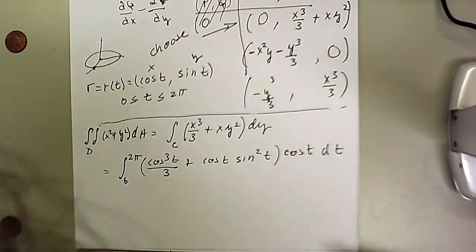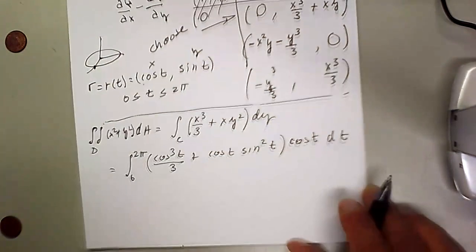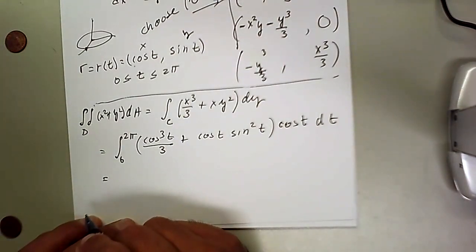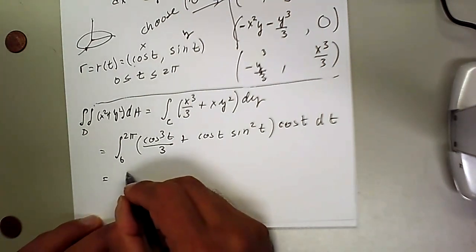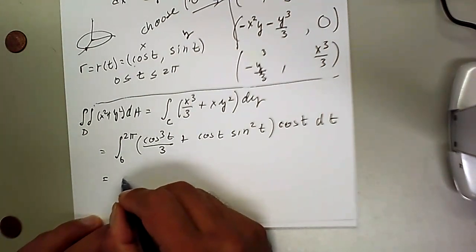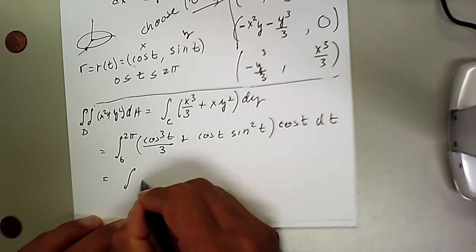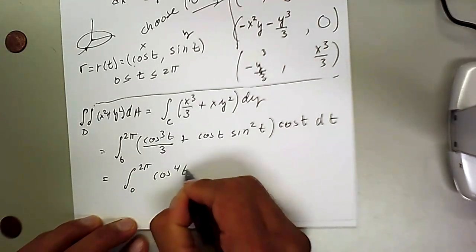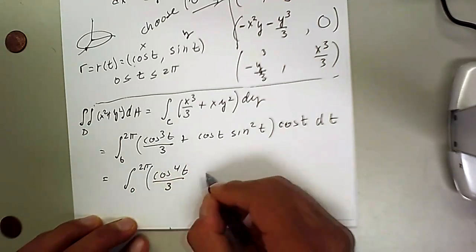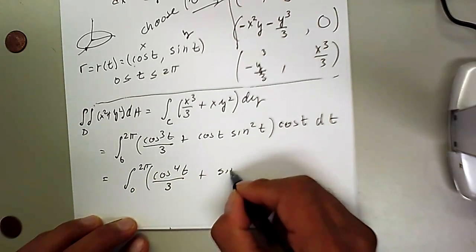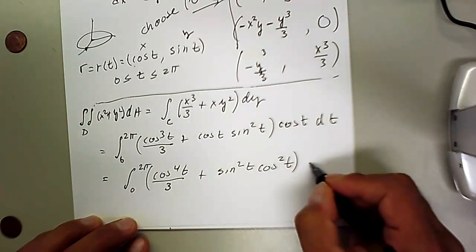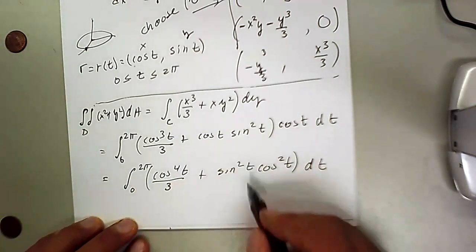Hmm. I don't think we are going to save ourselves too much time, because this is the integral from 0 to 2 pi of cosine to the 4 of t over 3 plus sine squared of t cosine squared of t dt. So I'm distributing the cosine into those two.